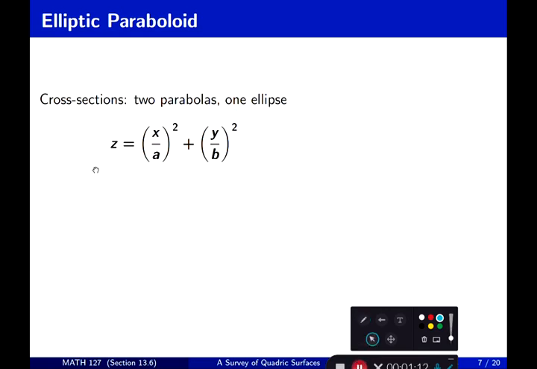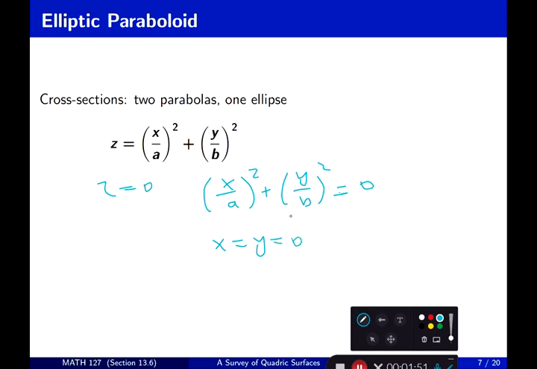Please note, if you want to find the cross section with z equal to 0, then this would be the equation, and then solving for, let's say, y, you get, subtracting, solving for x and y, you get x equal to y equal to 0 also.